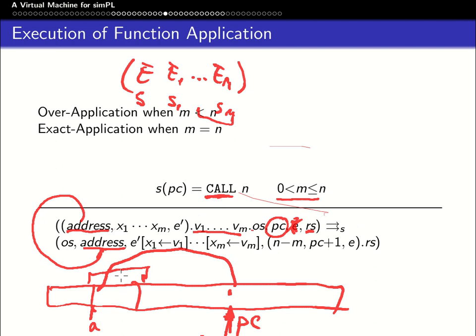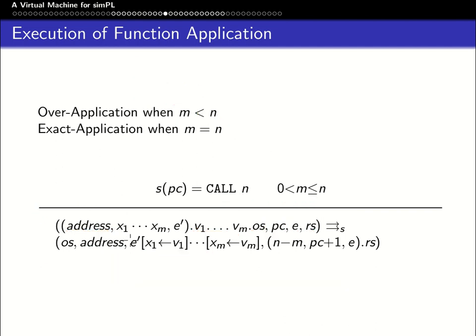If you look very carefully at this part up to here, and then at this part up to here, you see, going from this part to this part, the PC seems to be lost. In this part, I don't have the PC anymore.